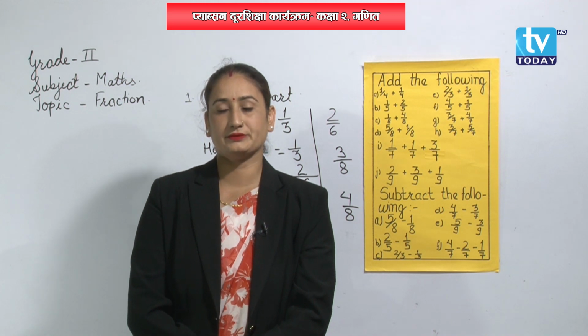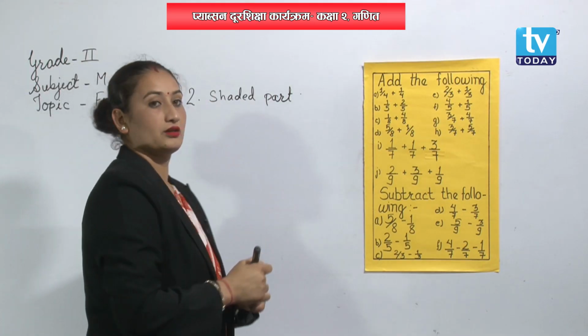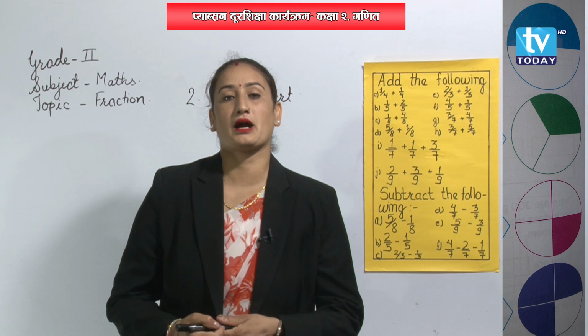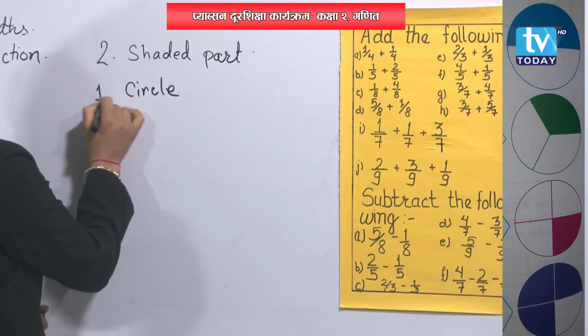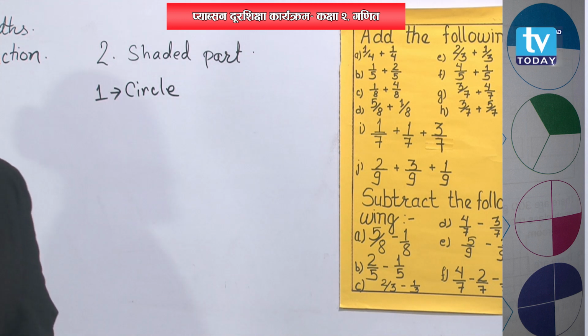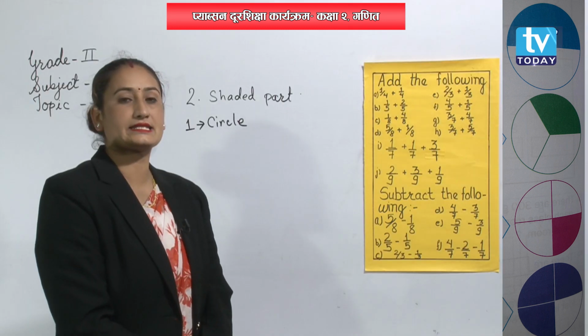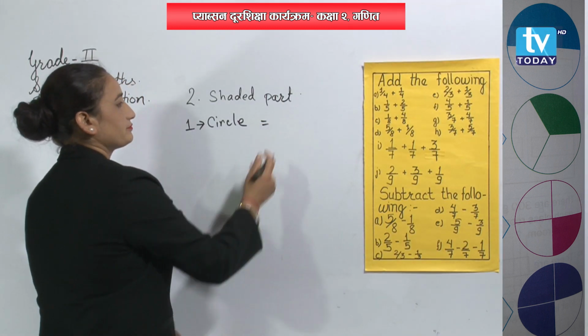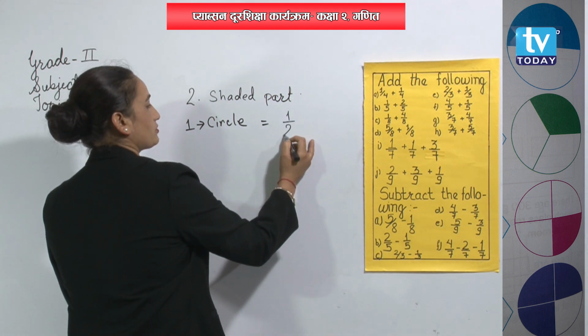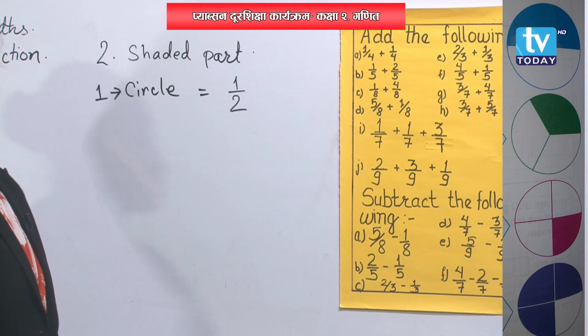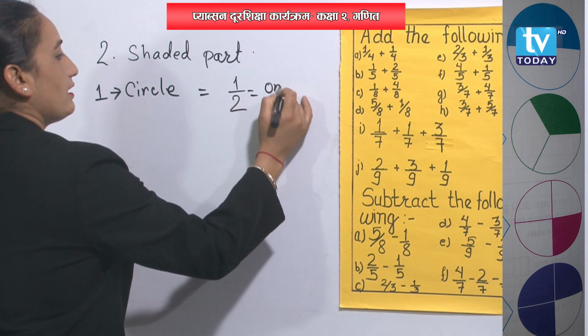In the first circle, 1 part is shaded out of 2 parts. So, we call it 1/2.